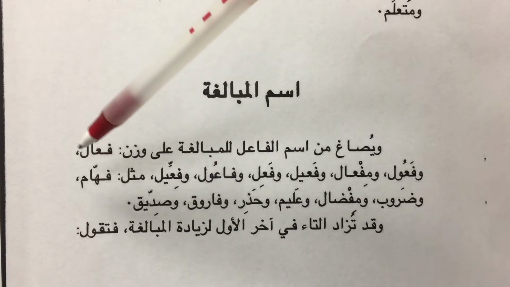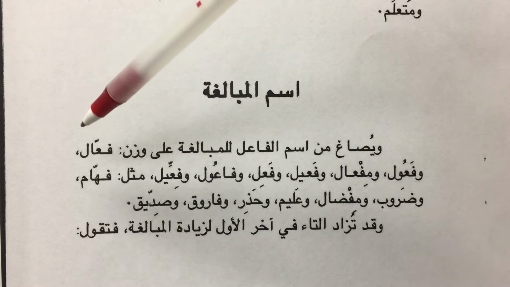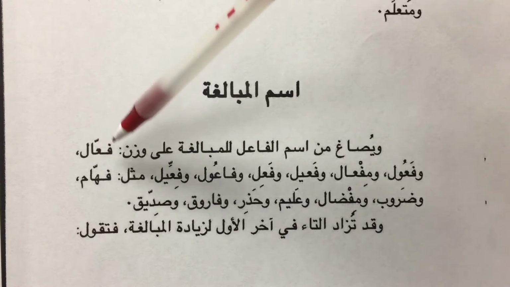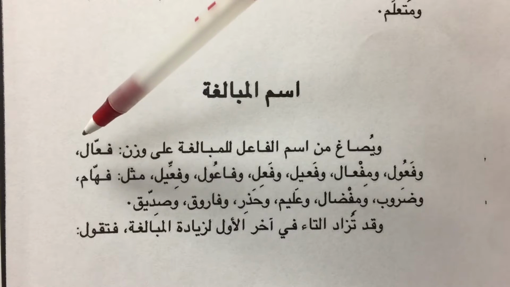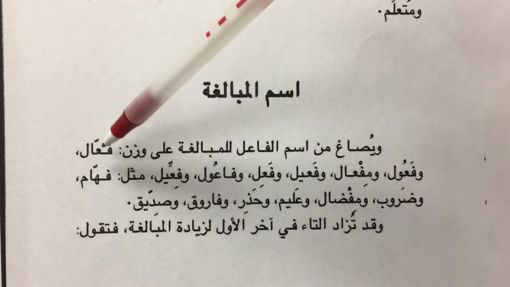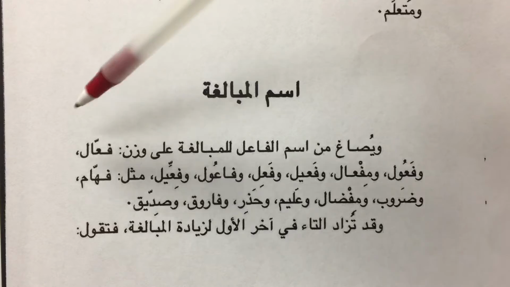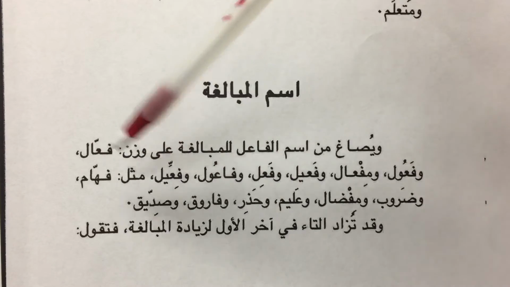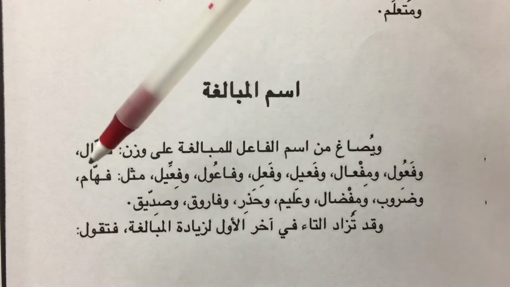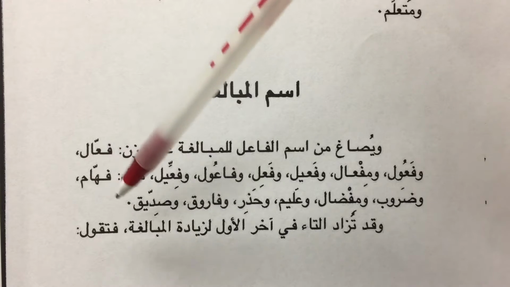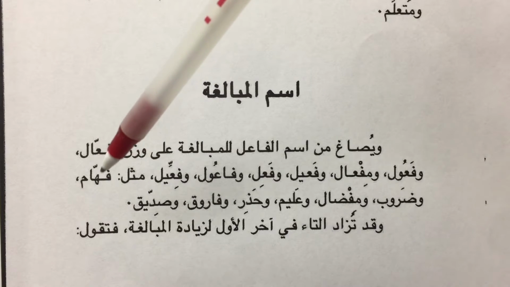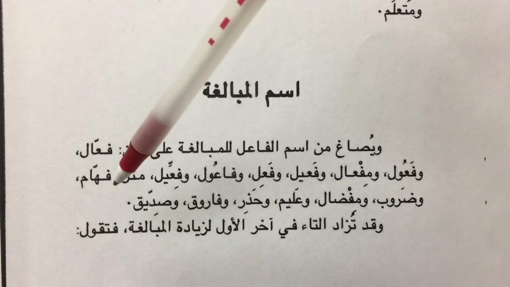And you'll see this pattern a lot too, coming for descriptions of somebody who does a certain job. For example, najjar, fa'al. So a najjar is a carpenter. So here he's going to give you examples from each of these patterns. So faham, somebody that has really good understanding, right? He's not just fahimun, someone who understands.